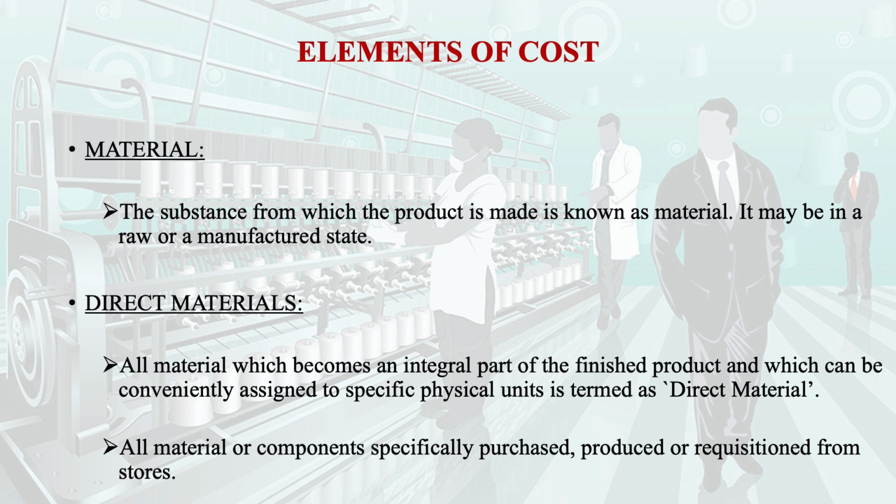That means all the materials or components specifically purchased, produced or requisitioned from the stores are called direct material, just like primary packing material, cartons, wrapping, carbon boards, and partly produced or purchased components.